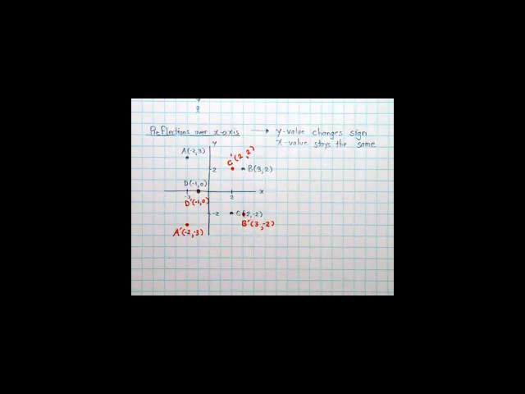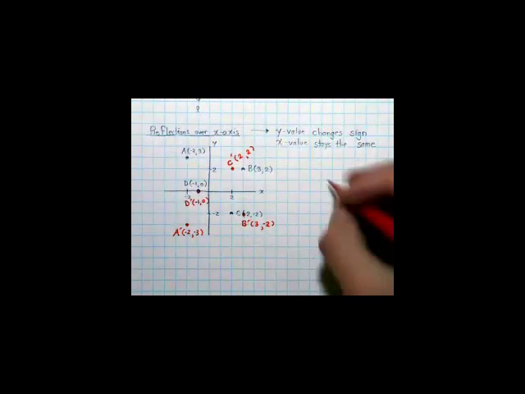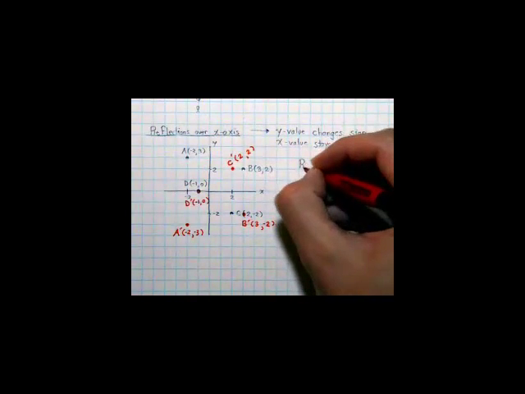So what do you suppose happens if you reflect over the y-axis instead? Jason? There you go. Okay, if you go over that y-axis, the y value doesn't change, but the x value will change its sign. Okay, so let's write that down over here.